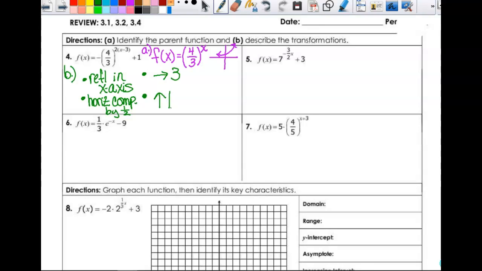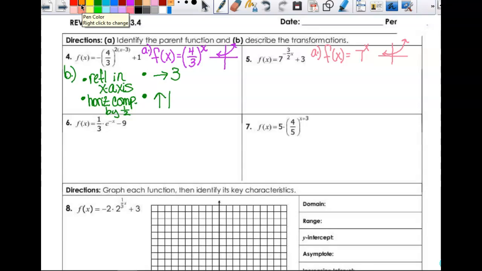Okay. So let's move on to number 5. The a part, my parent function, it's f of x equals, what's the base of the exponent? 7 to the x power. So is this increasing or decreasing? Increasing. Okay. For my parent function, right? It may be different for the actual transformations. Then how many transformations do I have? 2.